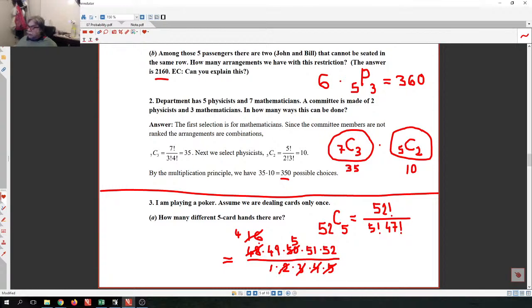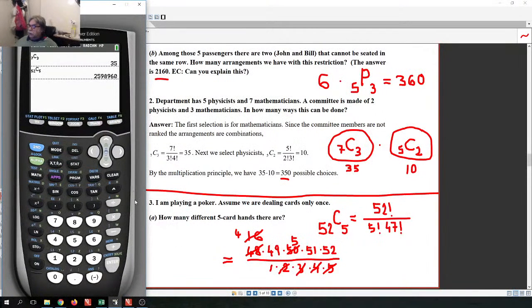So that's it. I only have to multiply, well, still lots of multiplication on the top: 4 times 49 times 5 times 51 times 52. So no matter what kind of calculator you have, you should be able to do that. Or you can do that even by hand with long multiplication. It's a little longer.